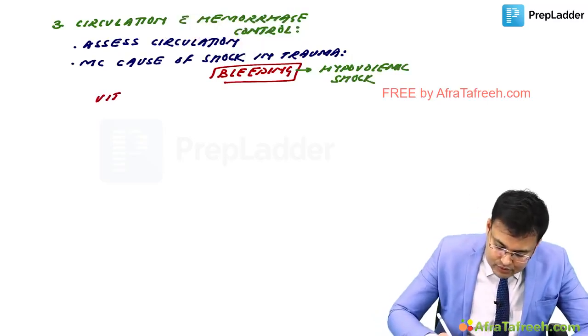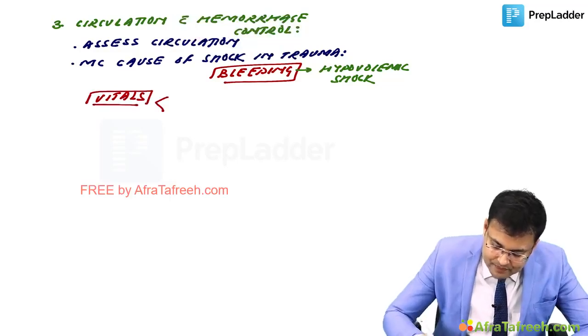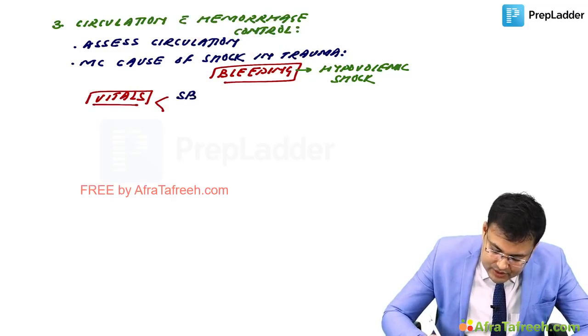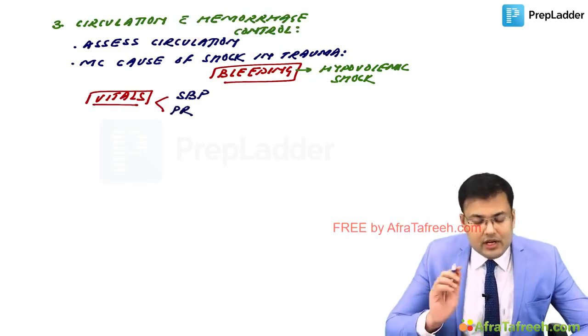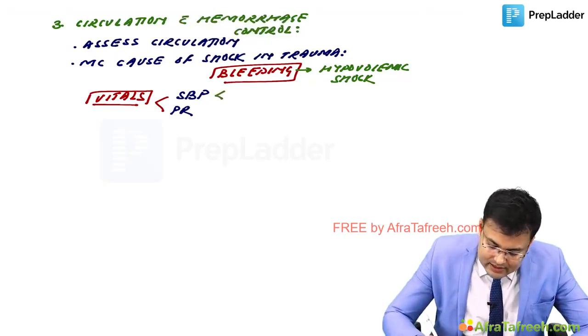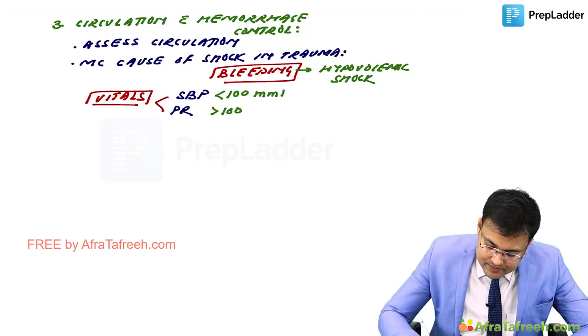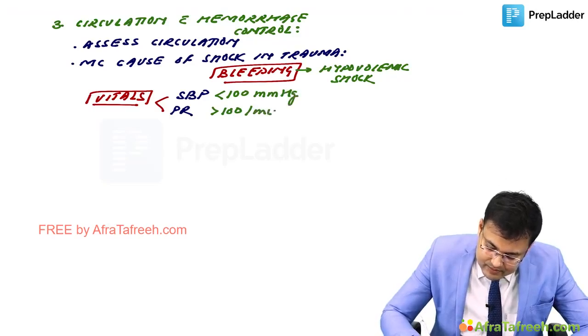So we are supposed to assess the vitals, and here we assess blood pressure, systolic blood pressure and pulse rate. You have to remember the value for unstable vitals: less than 100 mmHg, more than 100 beats per minute.